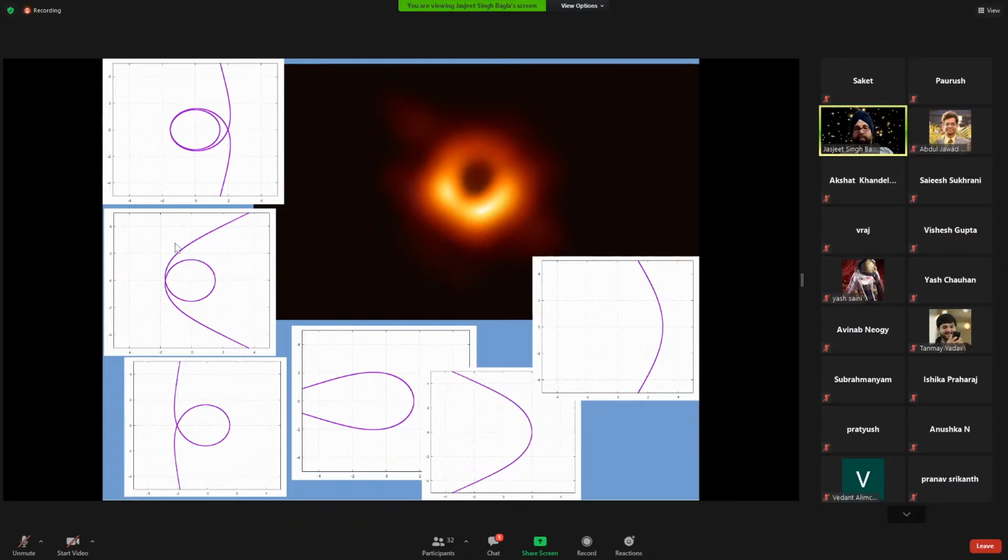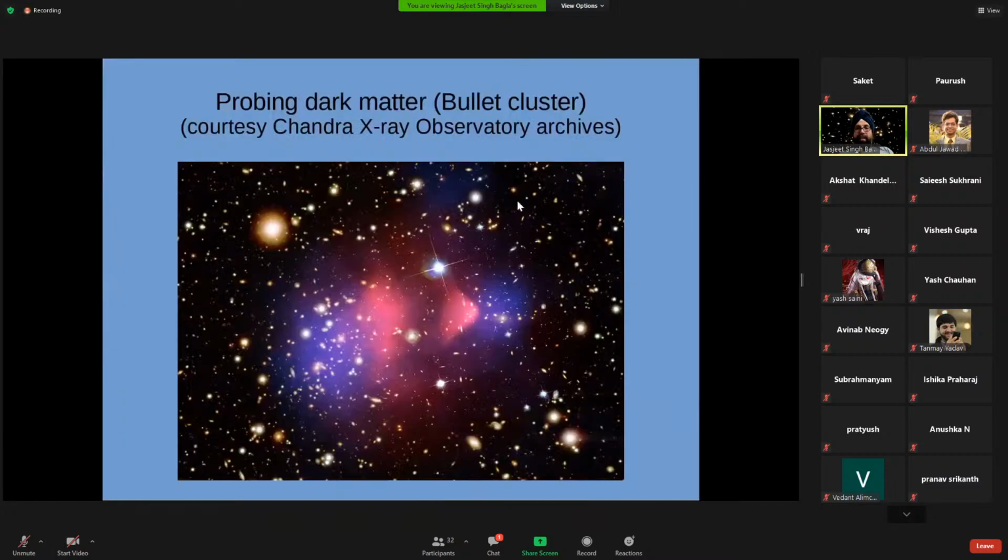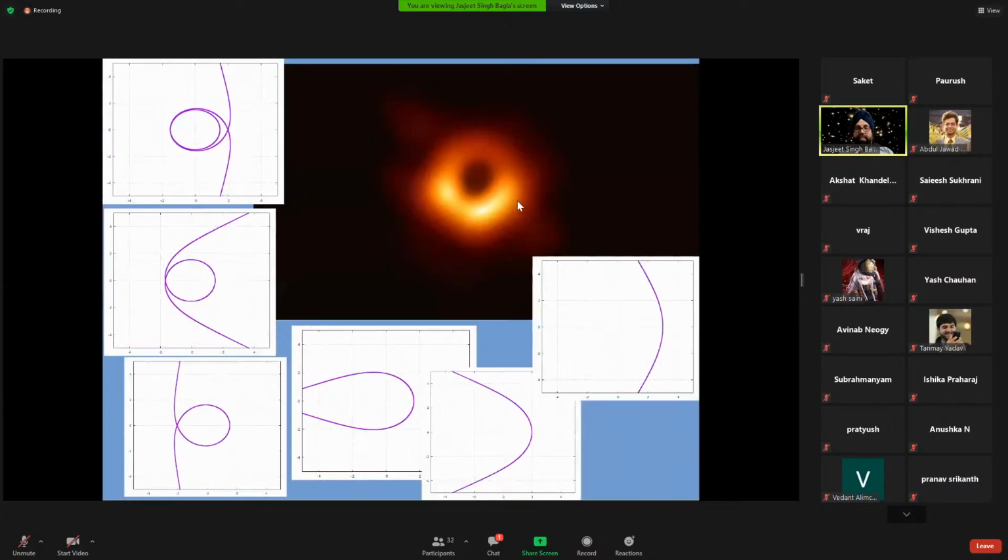But if it goes closer than 1.5 times the Schwarzschild radius, then it just falls into the black hole, which means for a distant observer, you will essentially see a hole in the middle. It appears to be brighter on one side because of beaming effects which come from special relativity. So essentially, gravitational lensing has been used in the weak lensing, strong lensing, as well as extreme lensing regimes.